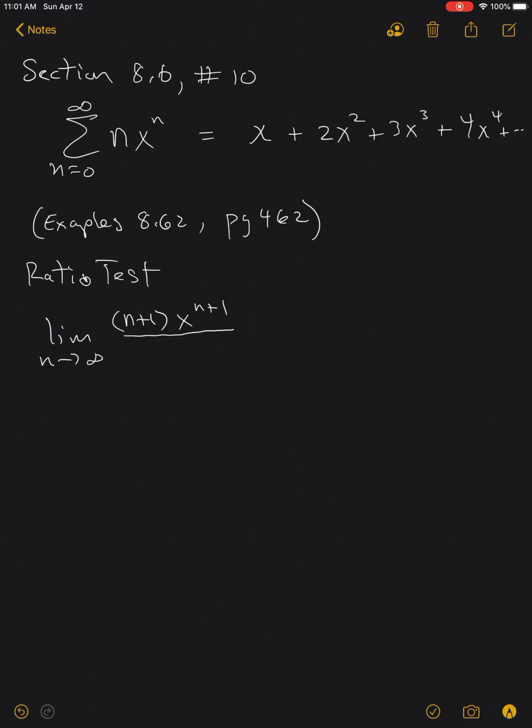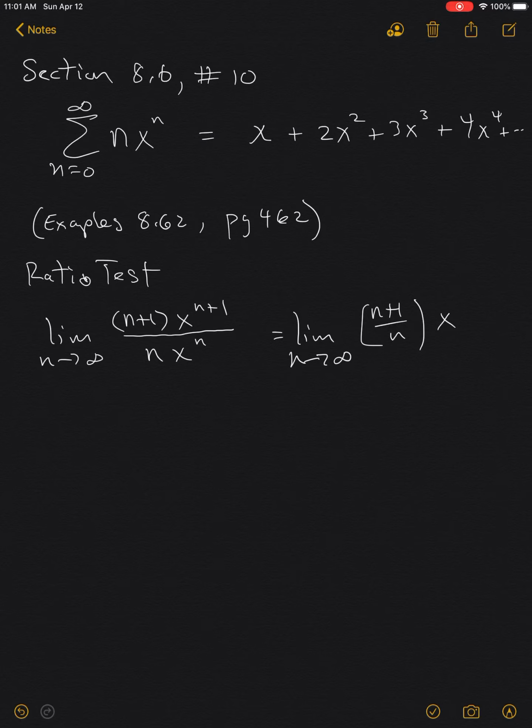And then the nth term is just n times x to the n. We'll simplify as much as we can. In this case, the n plus 1 over n doesn't really simplify. And then we're left with a single power of x. The x to the n cancels most of the x's in the numerator.